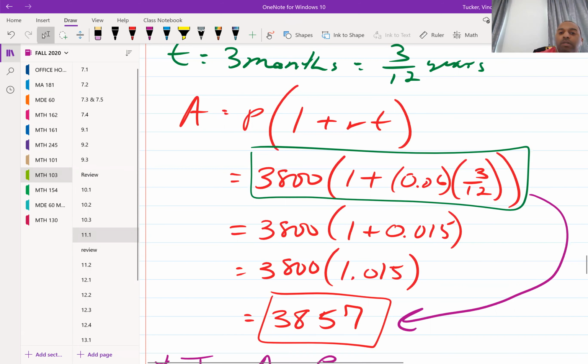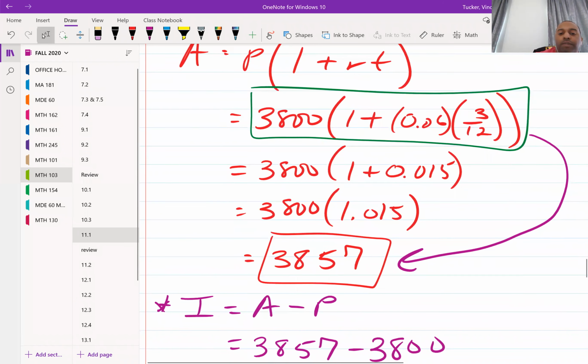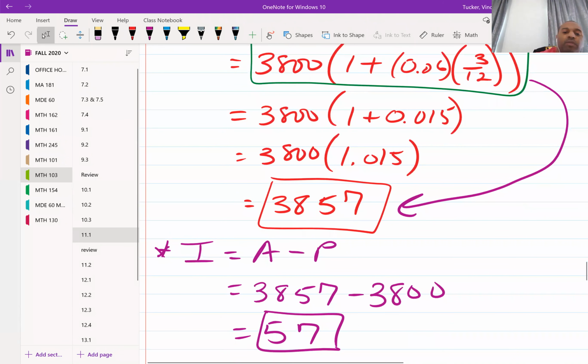All right. Also, what I emphasized in this problem, even though they didn't ask for it: if you want to calculate the interest and you have the future value and the principal, you can just subtract those two and get the interest earned. So we had 3,857 for the future value, 3,800 for the principal. Subtract those two, and that'll give you 57.